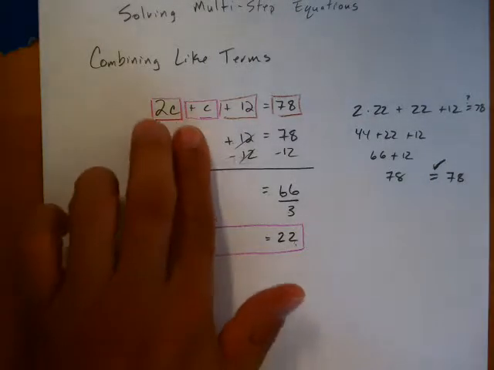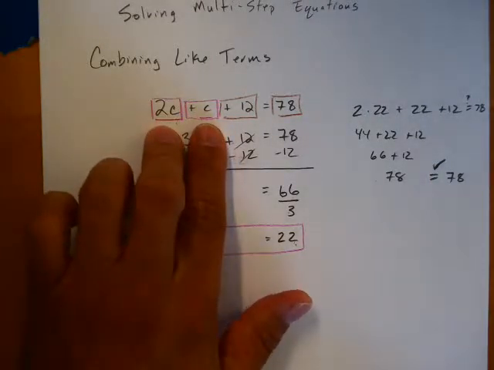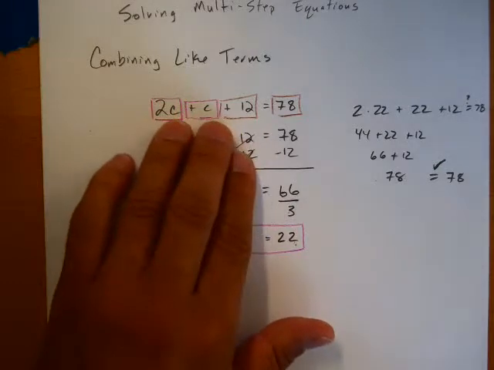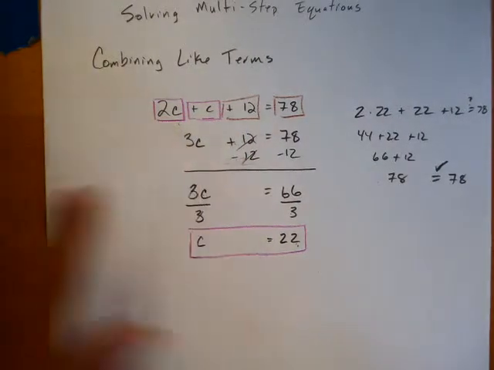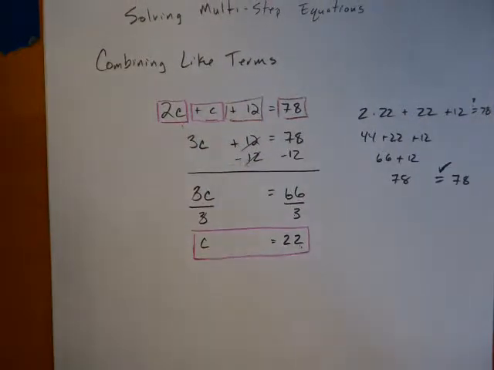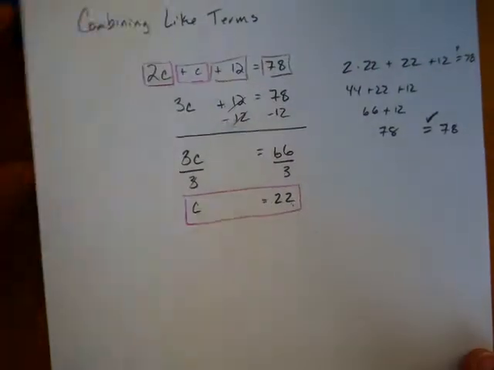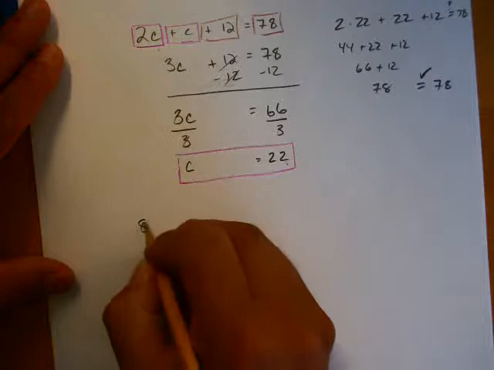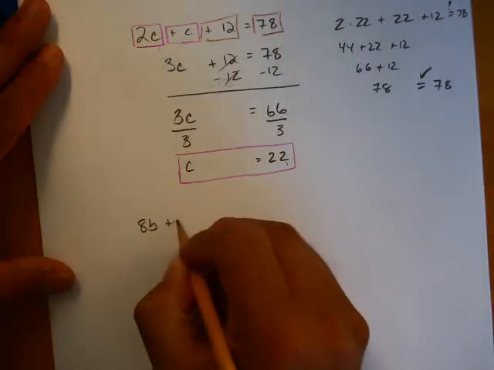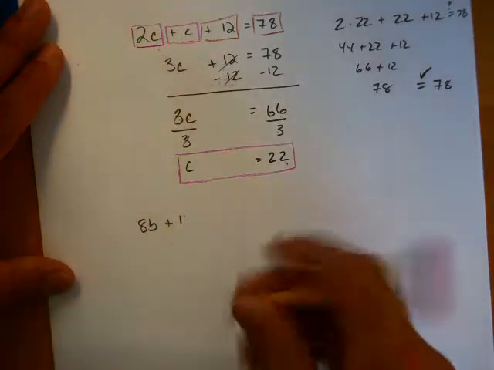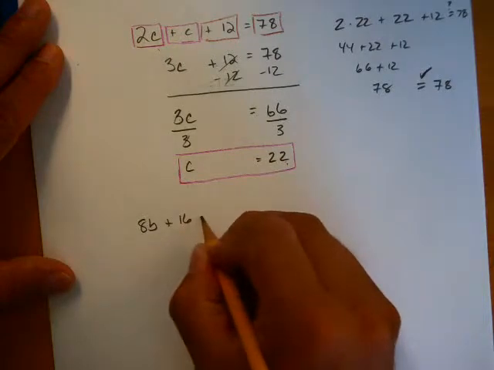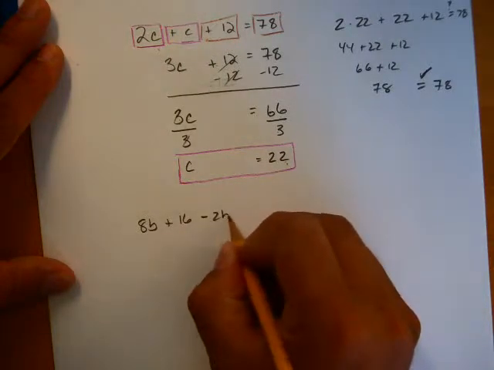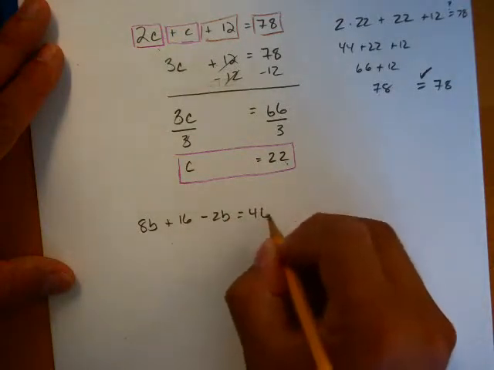Combining like terms, remember, is to put all the terms on one side that are the same together into one single term. Now, imagine we have something that looks like this. Let's make it a 16. Subtracting 2b equals 46.